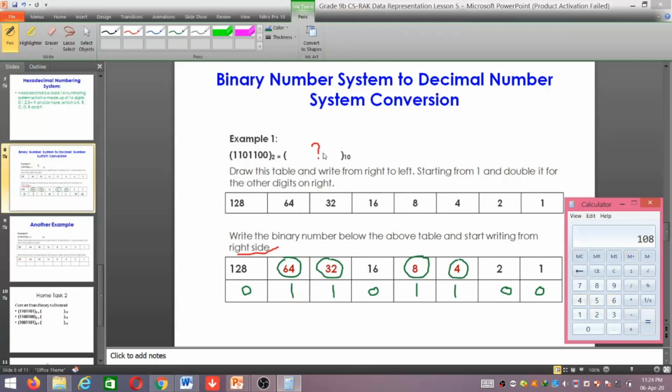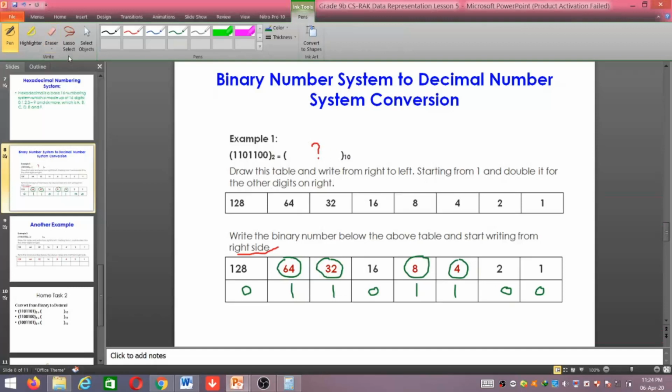You write it here, and that is our answer. So I take the eraser tool, I erase this from here, and what I need to do now, I have to write here the answer. It is 108, and we will write the base 10.